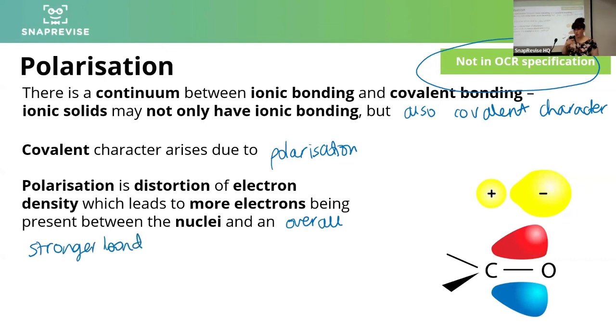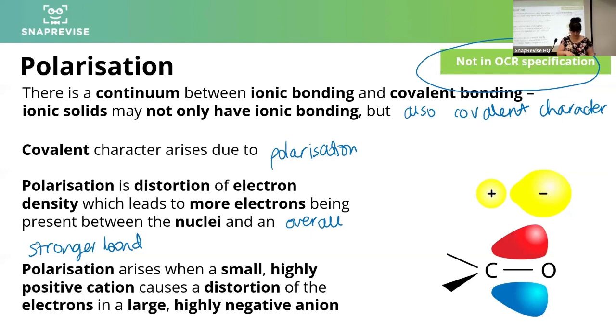It's stronger because we also have some covalent bond character in there. We also have a little bit of sharing of electrons, as well as the give and take of electrons. So as well as that electrostatic attraction, the two nuclei are also technically sharing electrons. So it makes the bonds stronger. If there is covalent character, you're going to get a stronger bond between the ions.